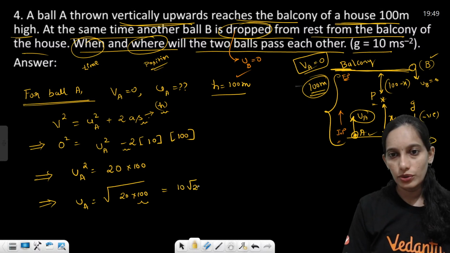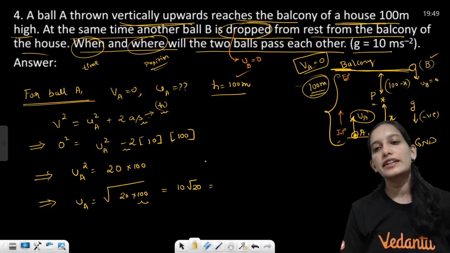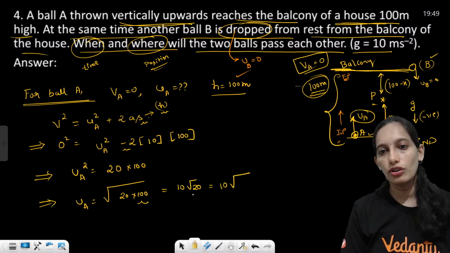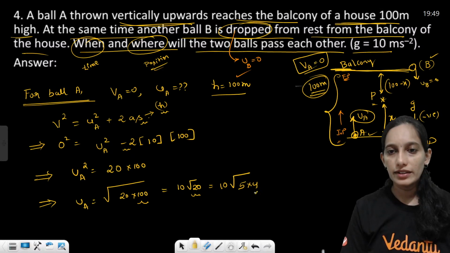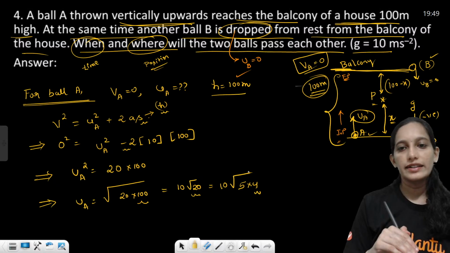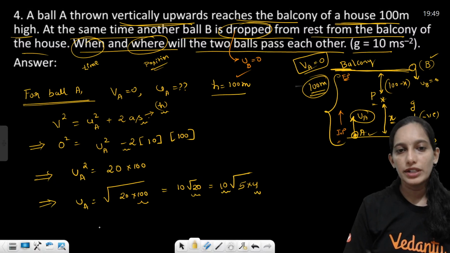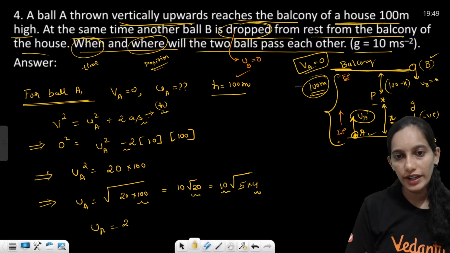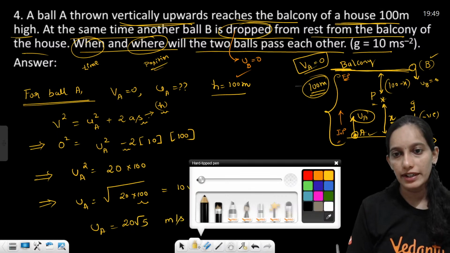So 10 root 20, and 20 can be written as 5 into 4. This 4 has a perfect square root, so I can take out 2, and 2 into 10 will give me 20. So ua will be 20 root 5 meters per second.